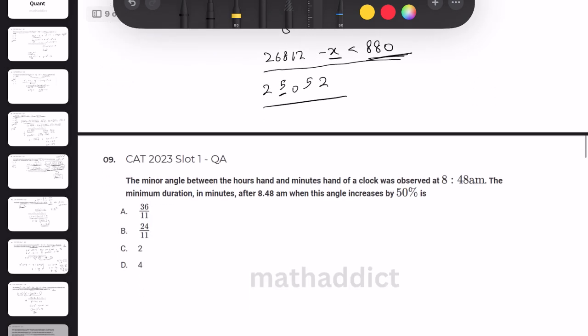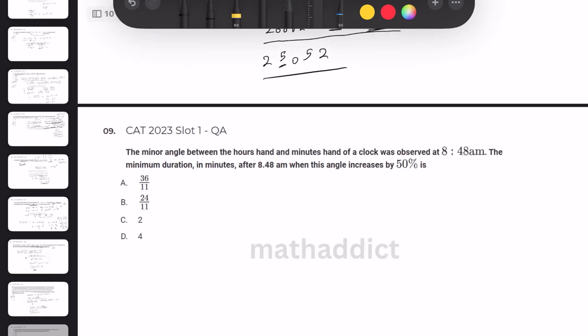Hang on. Let's start with drawing the hour hand and minute hand. The minute hand is at 48 minutes. So say this is the center.